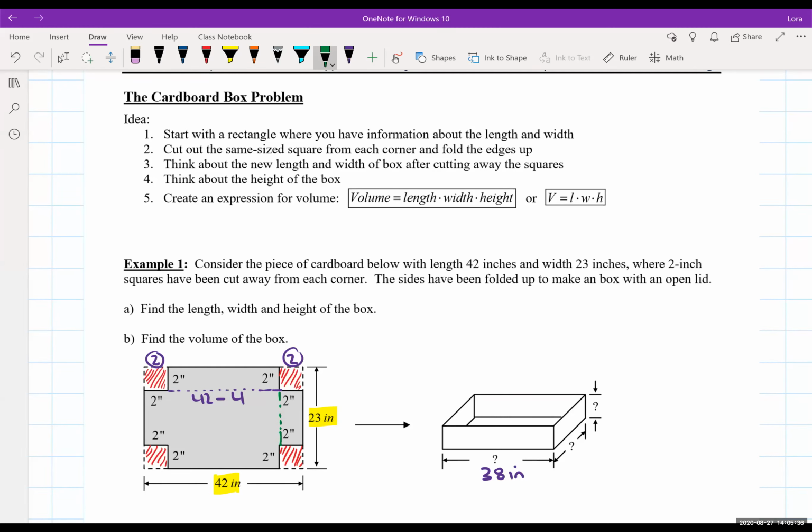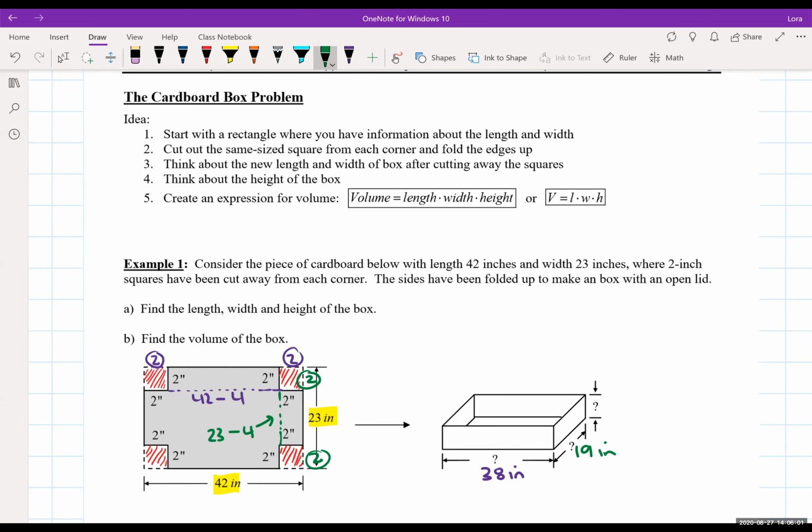You're starting out with 23 inches and cutting off 2 and another 2, so it's minus 4. And 23 minus 4 gives us 19 inches.